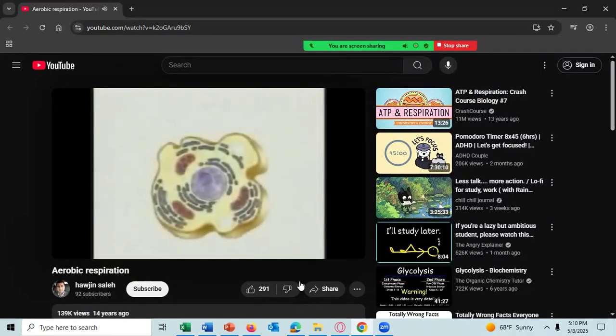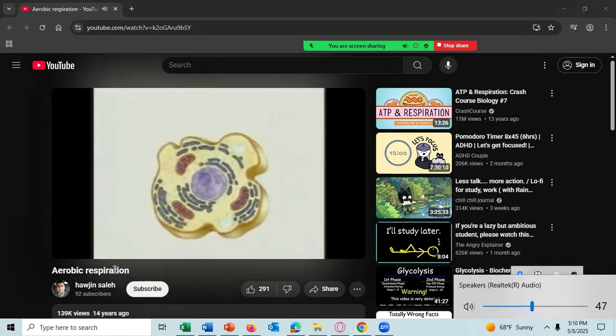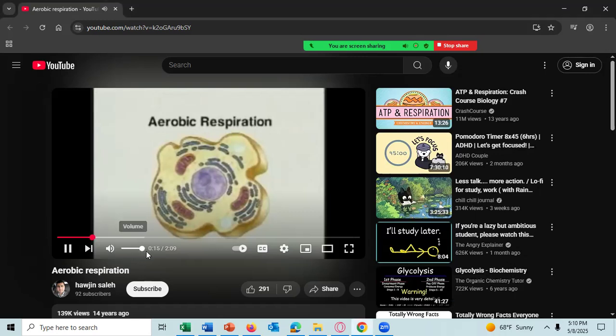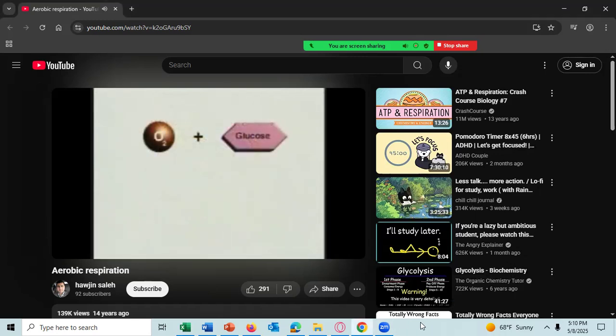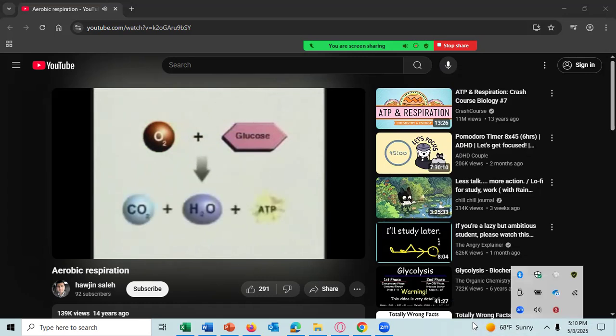All cells need energy to stay alive. Usually your cells get their energy through the process called aerobic respiration. The word aerobic refers to oxygen. In aerobic respiration, oxygen interacts chemically with the molecule of glucose. The glucose is broken down into carbon dioxide and water.